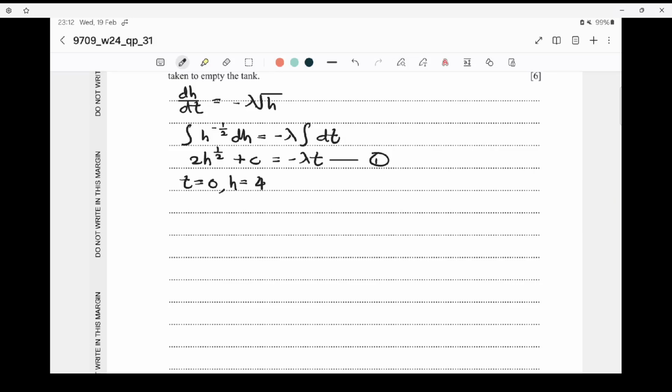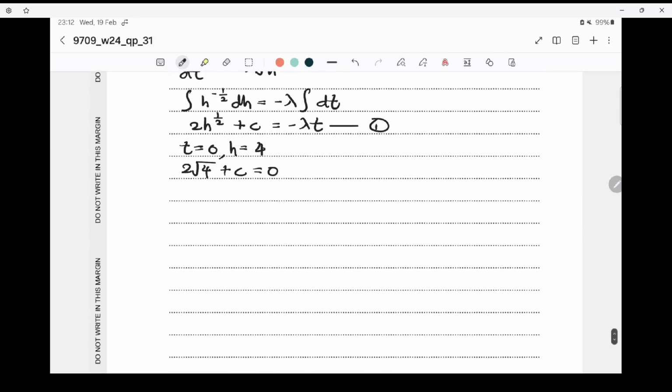So when t equals 0, 2 square root of 4 plus c equals 0. The square root of 4 is 2, so c is minus 4.